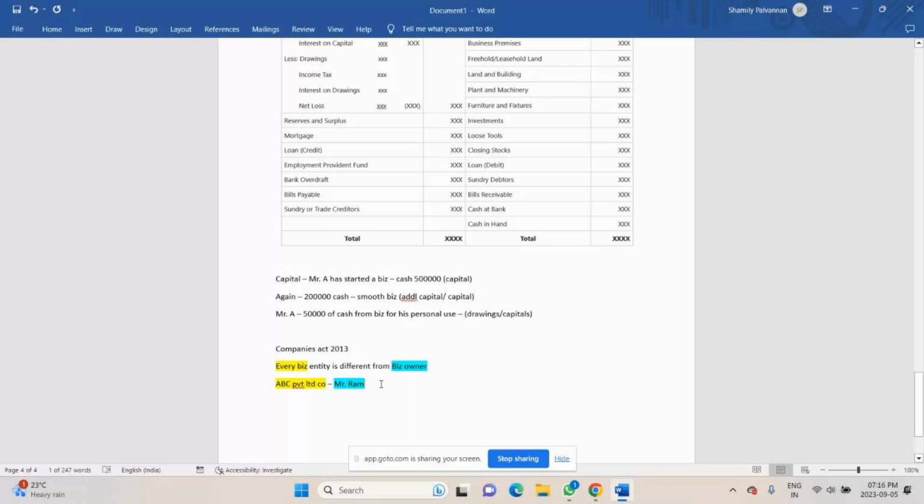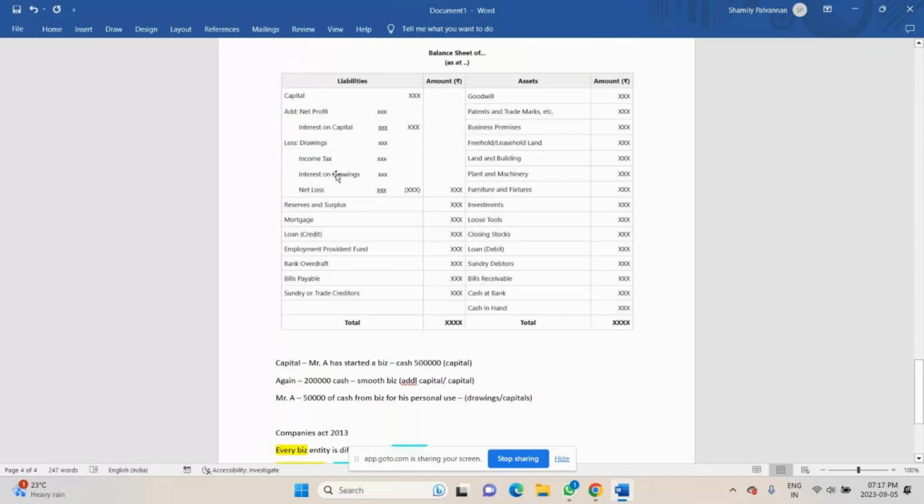There is one more thing. Actually, this is wrong. This is not a net loss. You will not show the net loss on the liability side; it has to show the net profit.